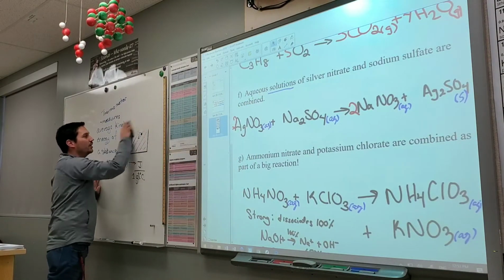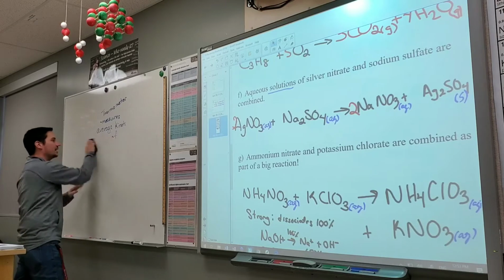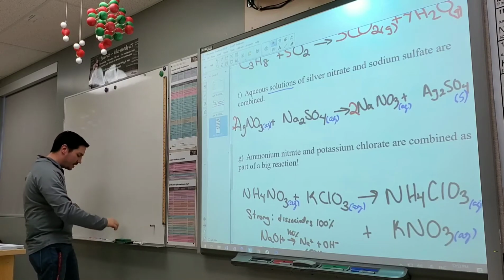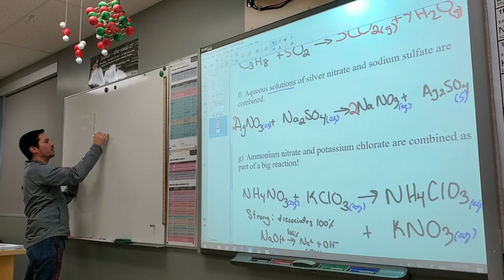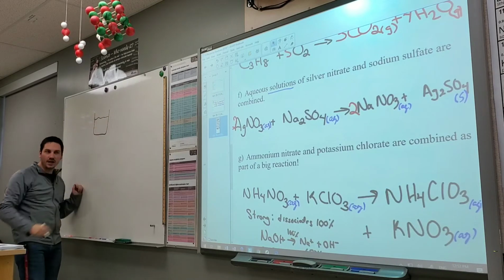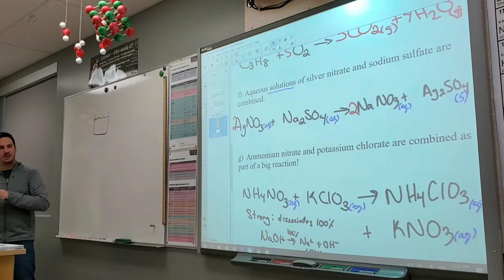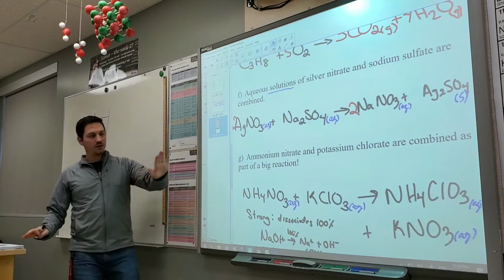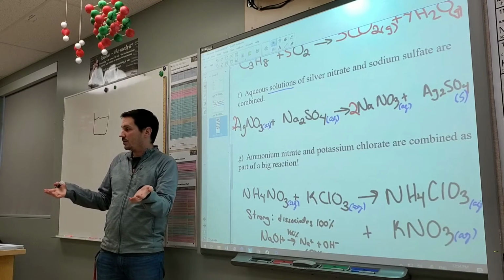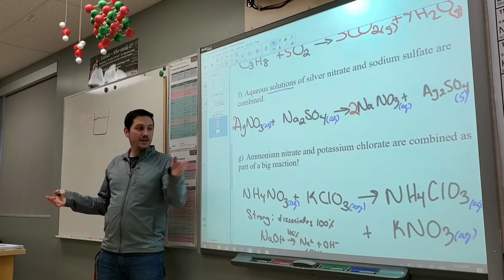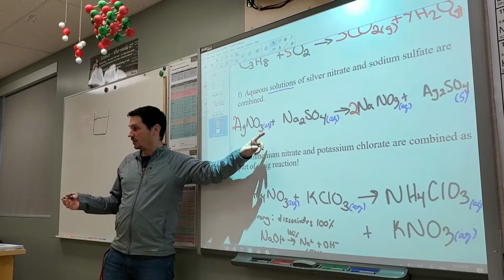So the way I would represent that is you've got a beaker with a solution in it, and if it contains silver nitrate, first of all, is this substance able to break up? Yes. It's ionic and it's high solubility, right?